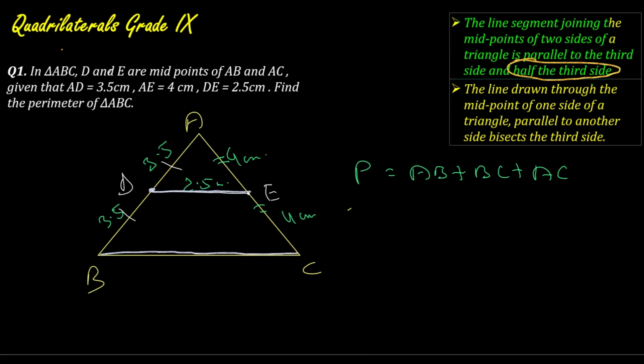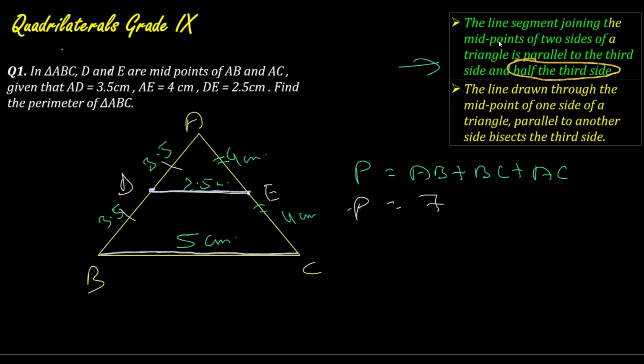So I can therefore say that the length of BC will be twice of this using the midpoint theorem. The midpoint theorem says that if a line is drawn joining the midpoint of two sides, then it is half the third side. So I can say the length of BC will be how much? 5 centimeter.